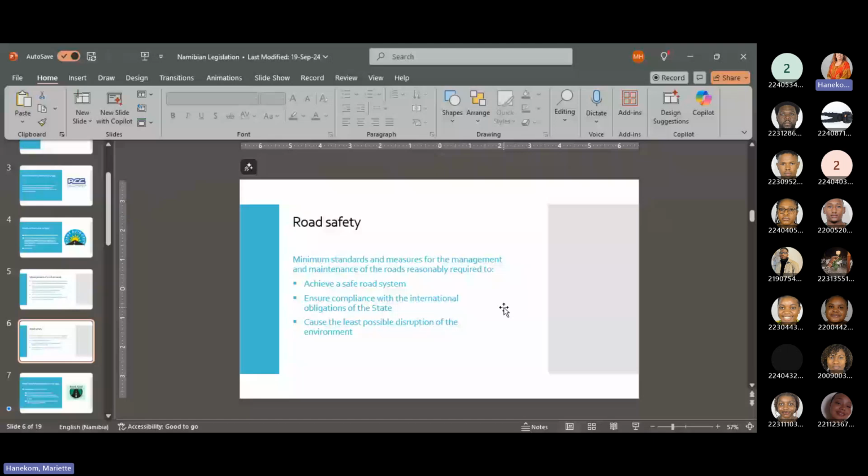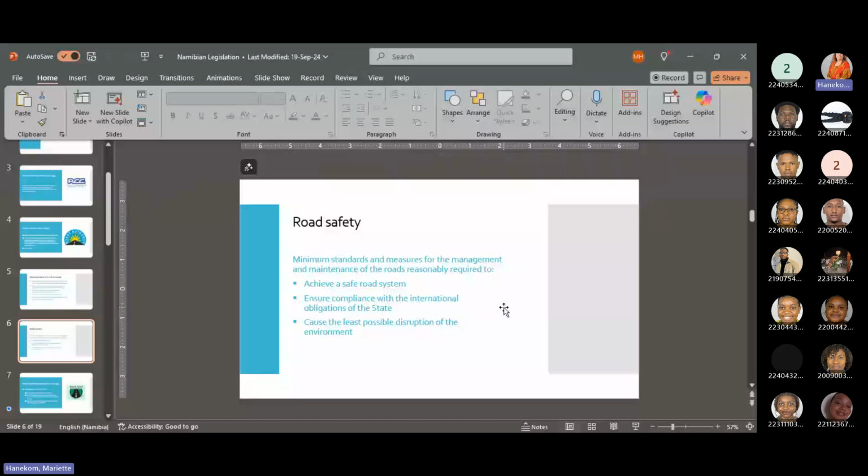Namibia has entered into a number of different international agreements regarding road safety and the standards of roads. So to ensure that our roads meet these standards, that's the job of the Roads Authority.